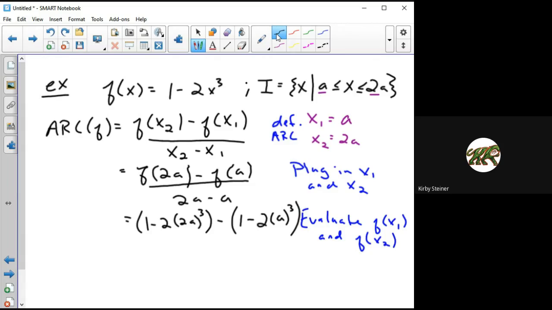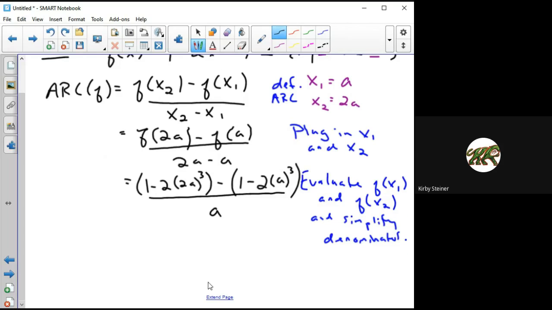This is over 2a minus a. We can simplify the denominator: 2a minus a is equal to a. We still have quite a ways to go in simplifying the top.